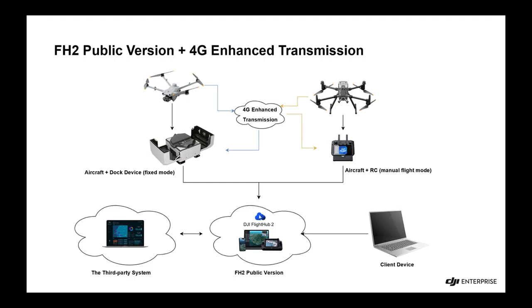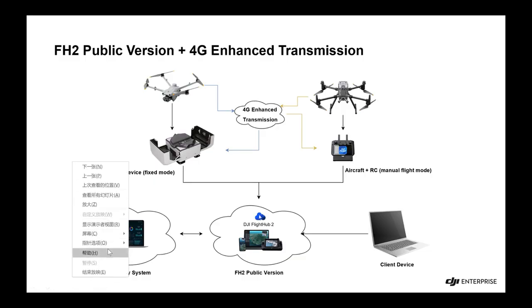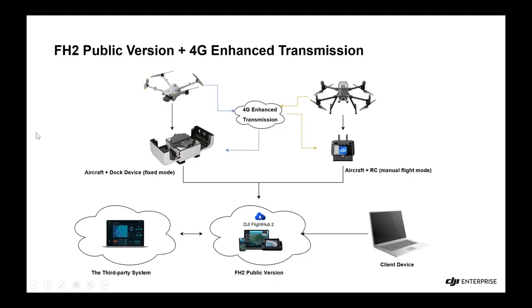In this scenario, I'm going to use a laser pointer real quick. You have a 4G modem installed in the drone and a 4G modem installed in the dock, and they communicate to the public network, and then the data gets transmitted to the FlightHub 2 public version.